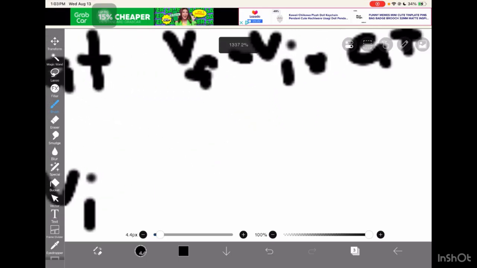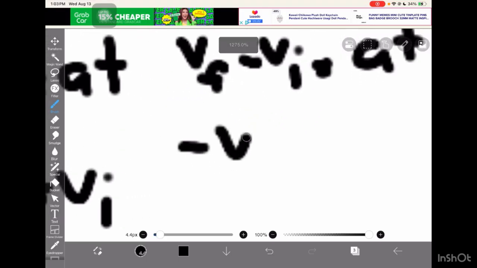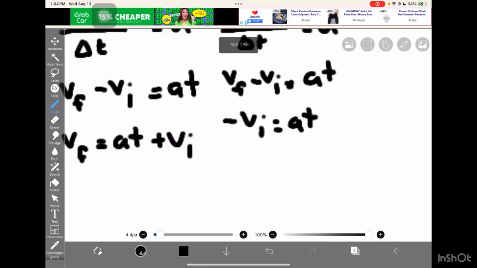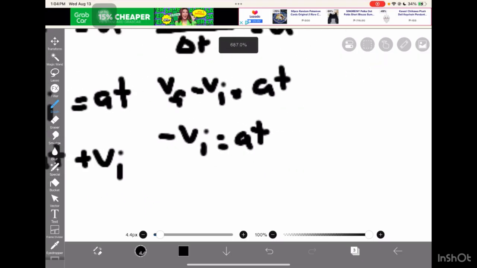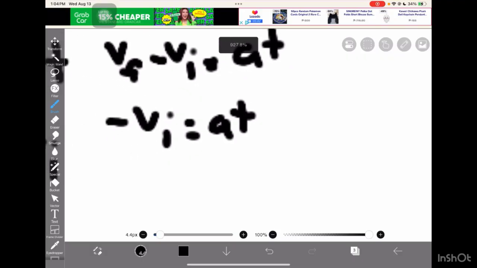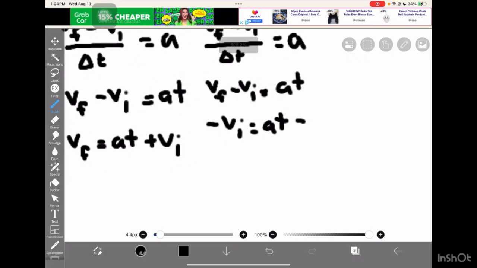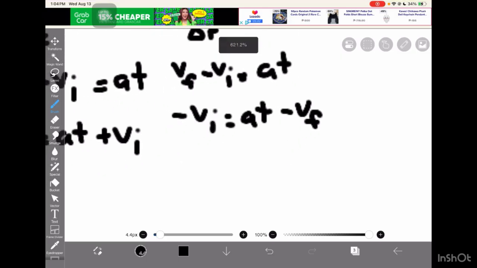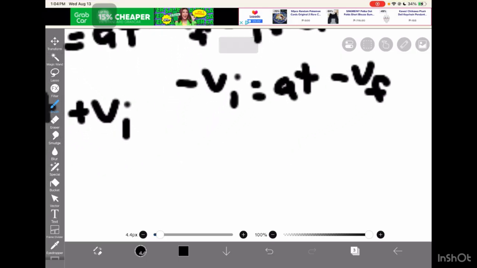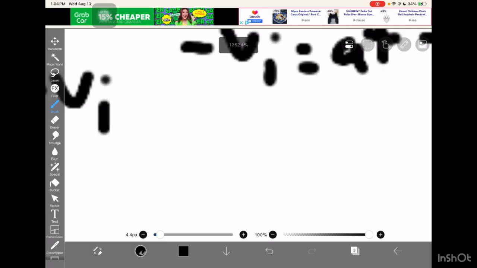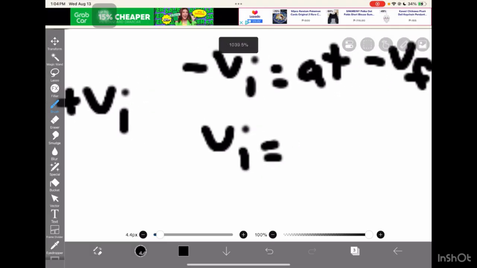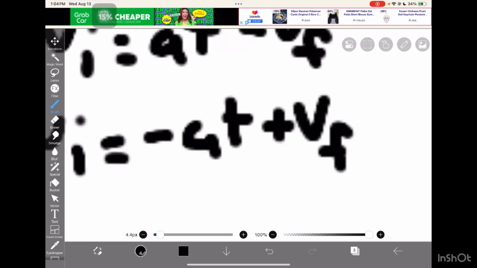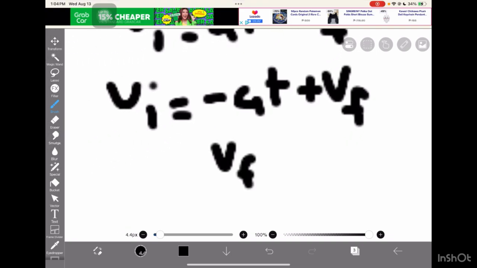You have v sub f, so it becomes negative v sub I is equal to at plus minus v sub f. And then since this is negative, we just flip the signs all over. So it becomes v sub I is equal to negative at plus v sub f, or v sub f minus at.